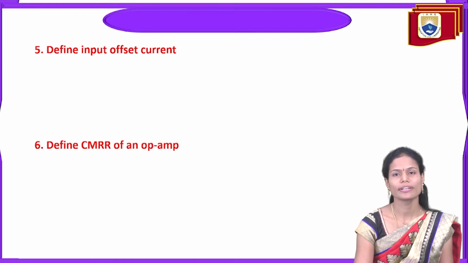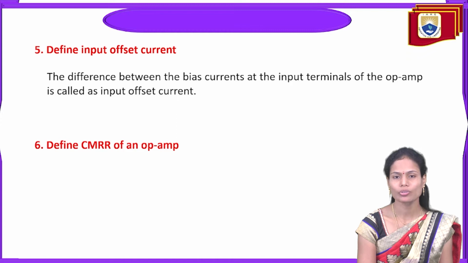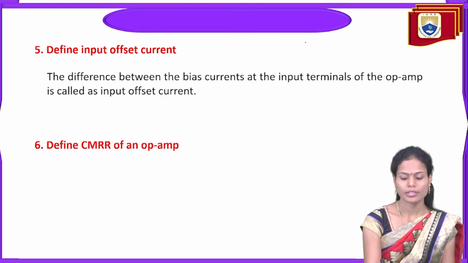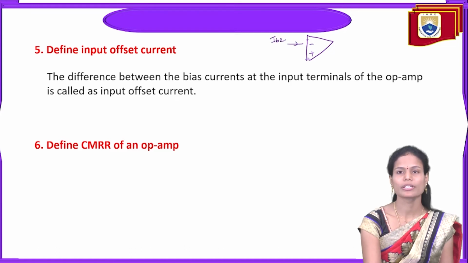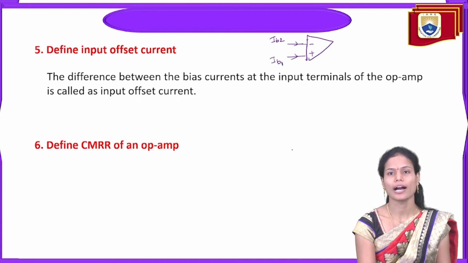And next, define input offset current. Input offset current is the difference between the two currents entering the inverting terminal and the non-inverting terminal of the operational amplifier. In the inverting terminal some current is flowing, which we take here as IB2, and through the non-inverting terminal some current is flowing, which we take here as IB1.